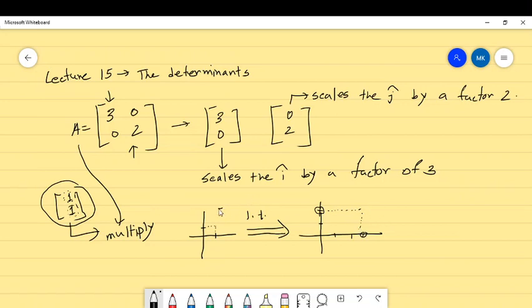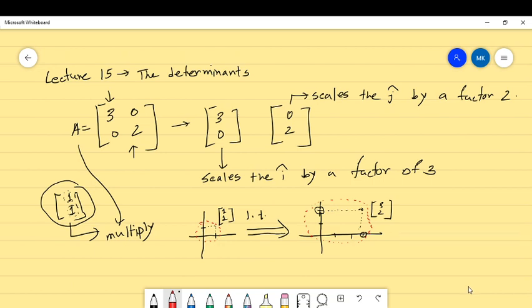This was your 1 1 vector, and after multiplying with that matrix, you come here to 3 2, right? As you can see, the area has been stretched out by multiplying with that particular matrix. You're already familiar with this idea of a linear transformation with matrices, right?